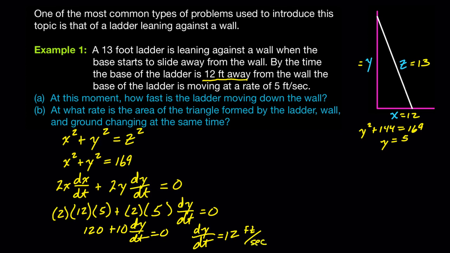All right, so then part B of this problem asks, at what rate is the area of the triangle formed by the ladder, the wall, and the ground changing at the same time? Now, on this, we're trying to find the rate at which area is changing, which means we're looking for dA/dt.